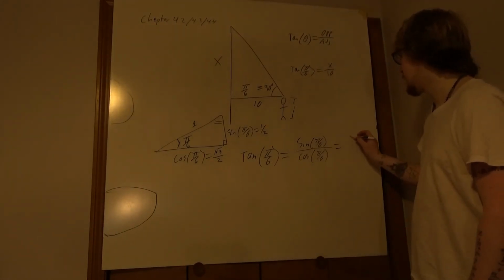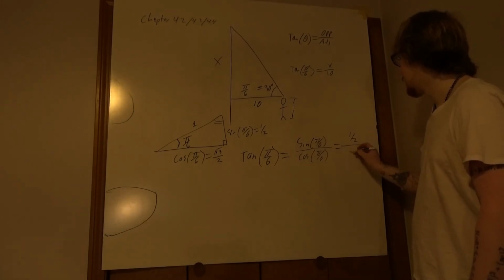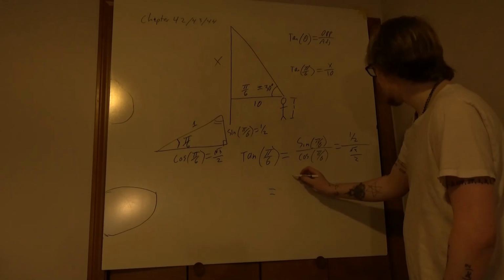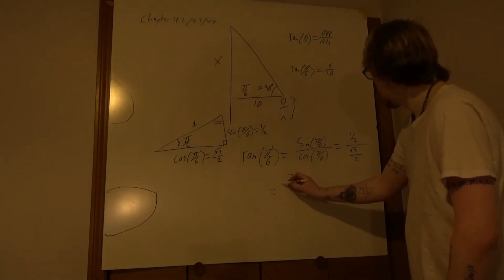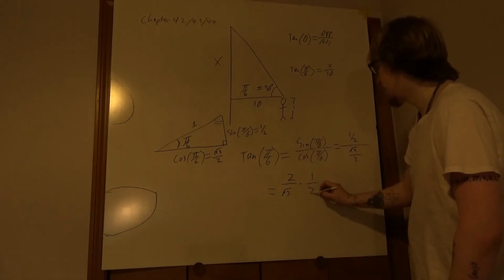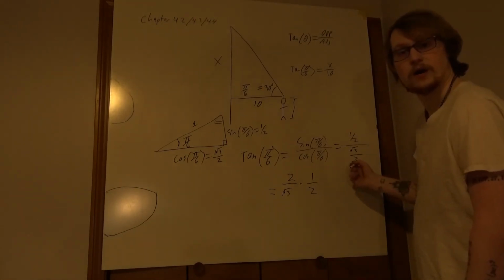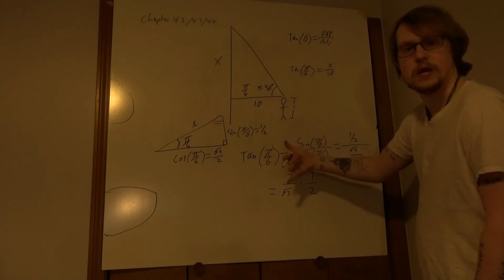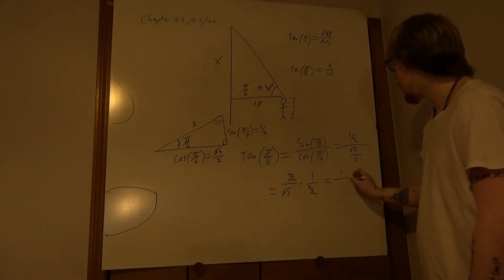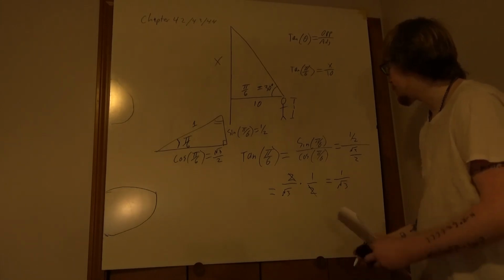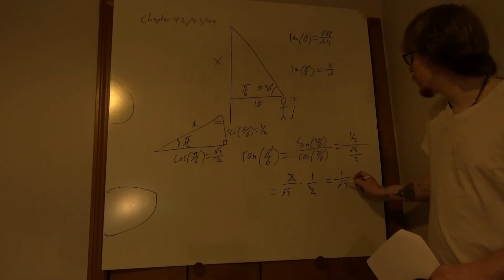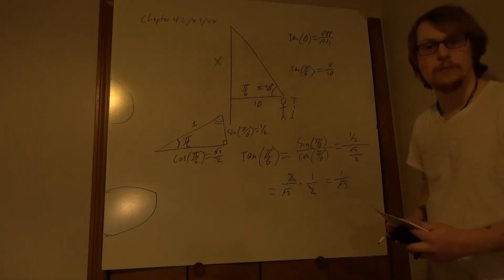We get that this has to be 1 over 2 divided by root 3 over 2, which is going to be 2 over root 3 times 1/2, because dividing by a fraction is the same as multiplying by its reciprocal. So the 2's cancel and we get 1 over root 3. So we see that 1 over root 3 is the tan of pi over 6.